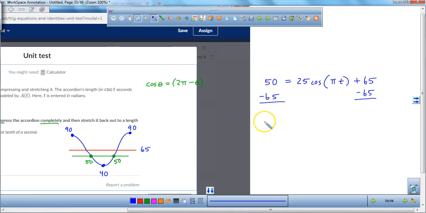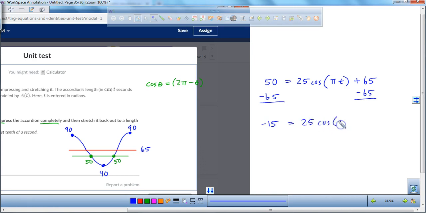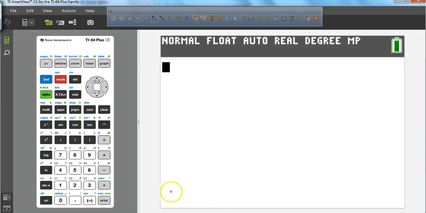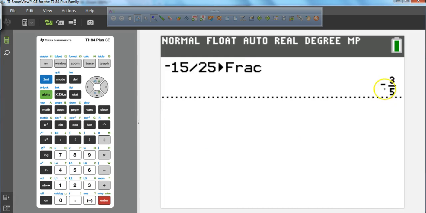So we get negative 15 equals 25 times the cosine of pi times t. And we're going to divide both sides by 25. When you take negative 15 divided by 25, that reduces to a fraction of negative 3/5.